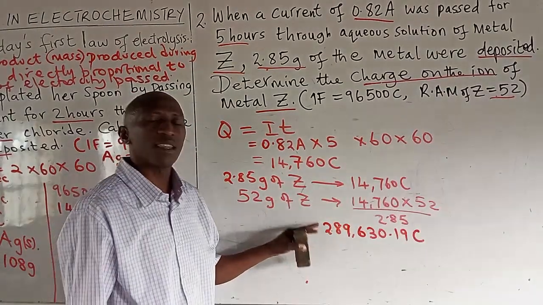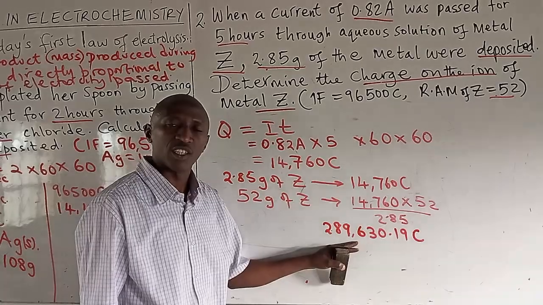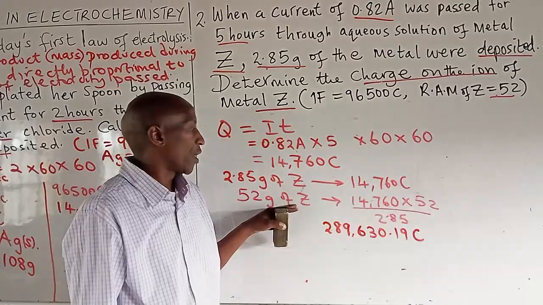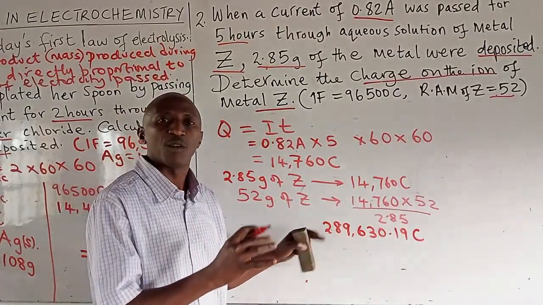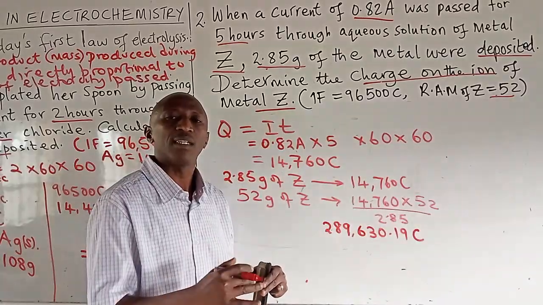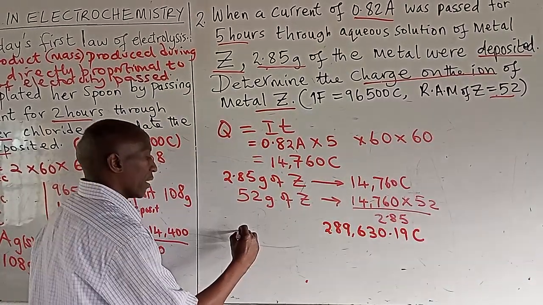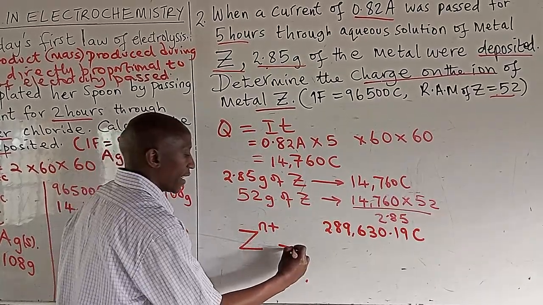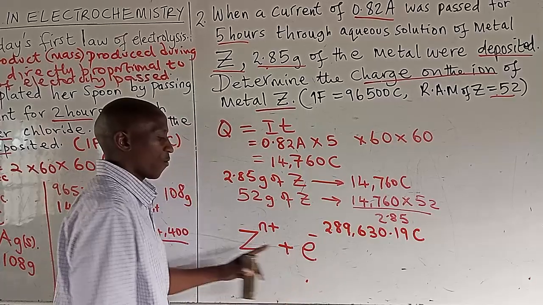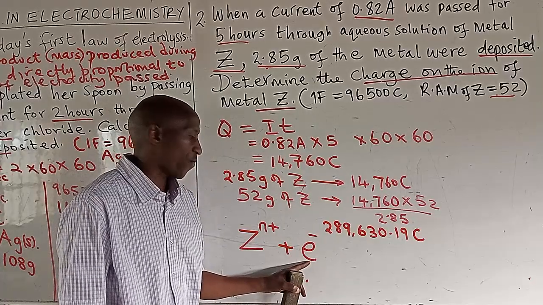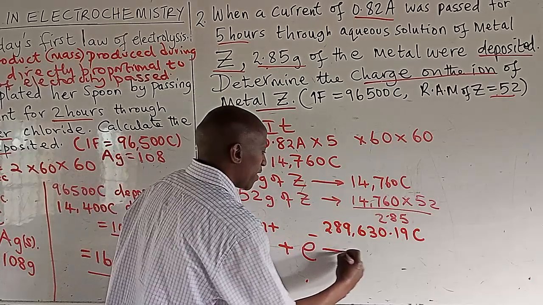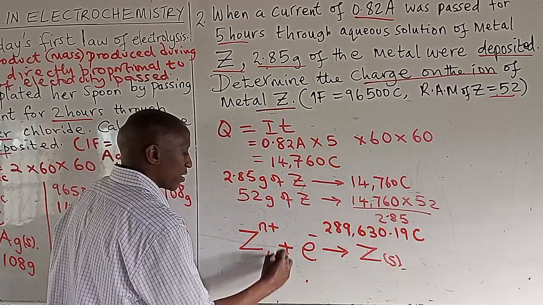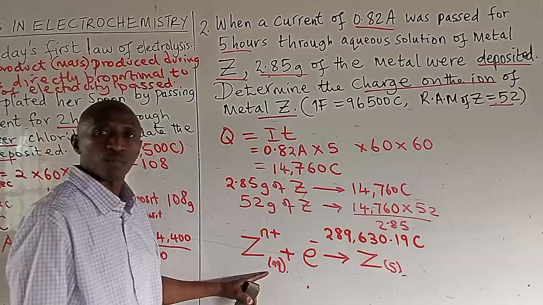So this is the amount of charge required to deposit 1 mole of Z. Now this step is very critical because we need to show it in equation form: that Z with a charge which we do not know, n positive, requires some amount of electrons to be deposited and to get Z in solid form from its aqueous solution.